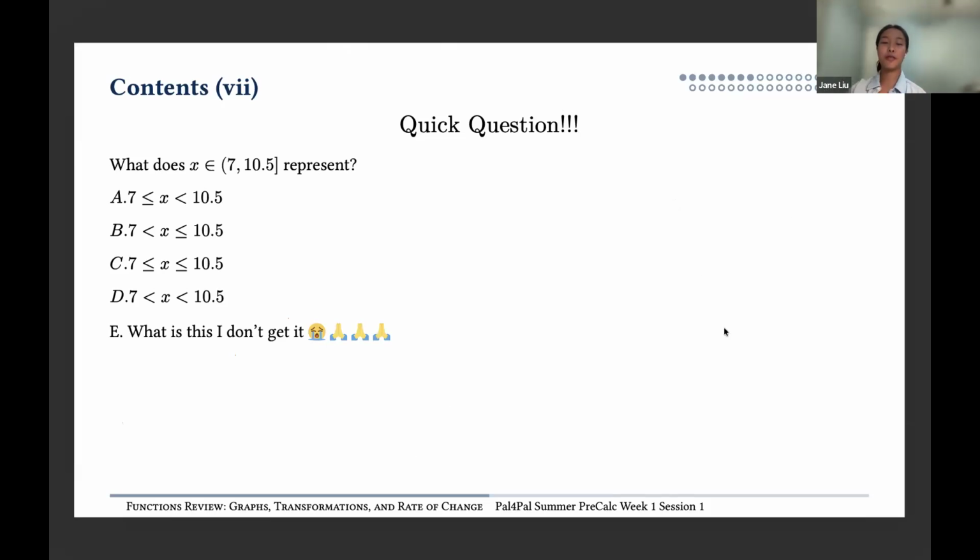I see a lot of E in the answers. So that is the correct answer for that interval notation. Does anyone have any question on this, or can we move on? All right, sounds good.